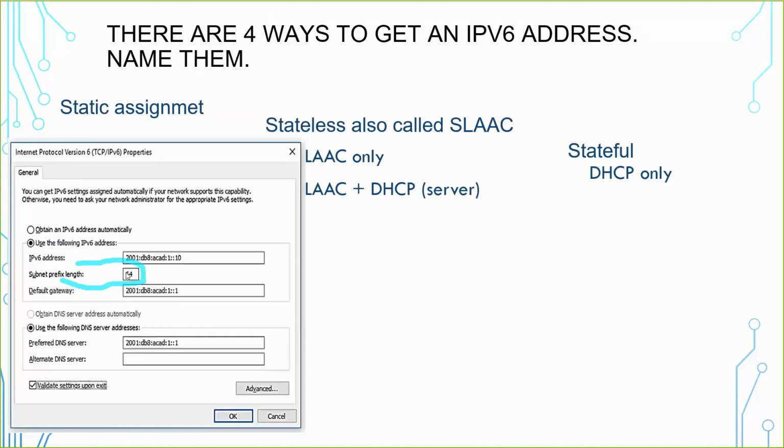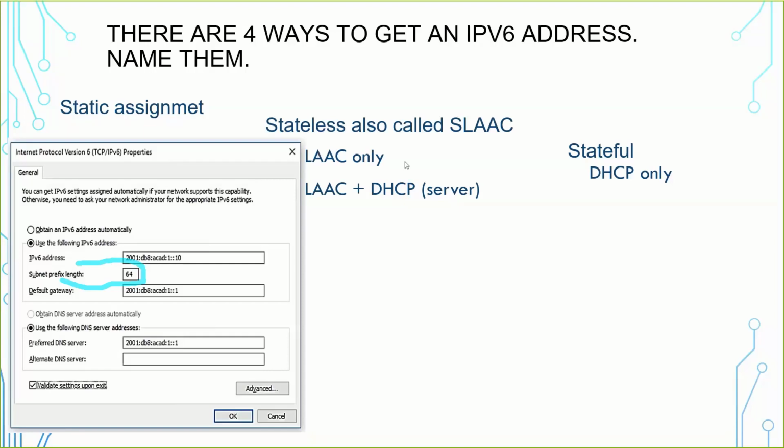So this 64 is referring to the first 64 bits of the 128-bit IPv6 address. Now, the second 64 bits are what in an IPv6 address? It's the globally unique address, okay? So with an IPv6 address, we have the network portion, and then we have the unique portion that makes it unique to every host device.